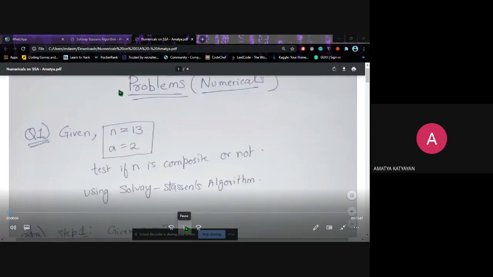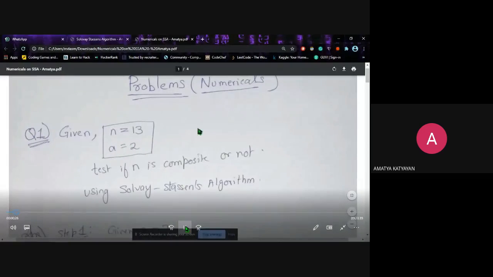Let us discuss today some problems or numericals that you may encounter in your exam. Let's come to question number 1. These problems are related to the Solovay-Strassen algorithm. Suppose you are given n as 13 and a as 2.